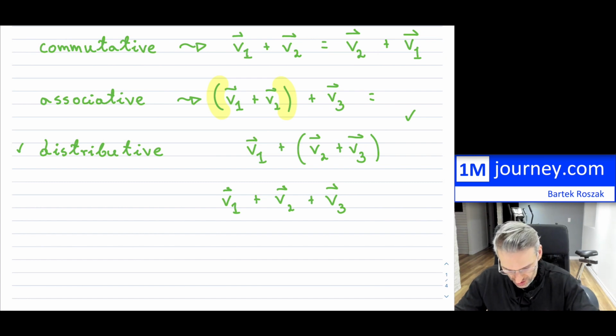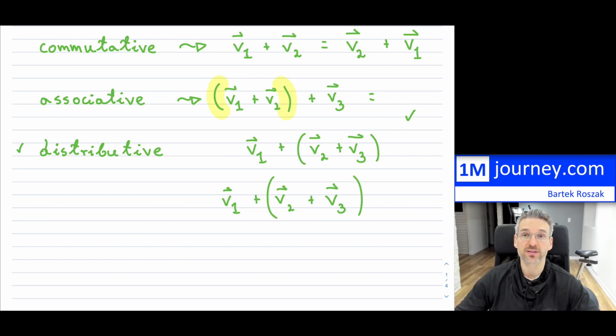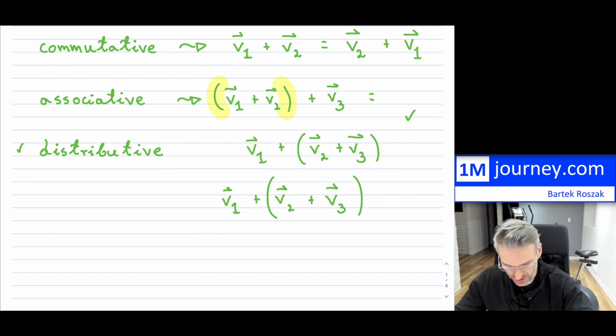You can certainly start with adding these two vectors, or you can say, well, maybe these two are easier, so I can do that, and I am guaranteed that the result will be the same. This seems elementary to you, but actually for vectors, it's really important. For numbers, if we had just three numbers, of course, if we're adding them together, the order doesn't really matter. Well, the same thing holds true for vectors, which is really neat.